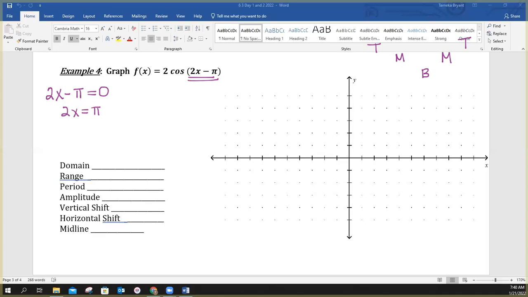And then I'm dividing by 2. So x is positive pi over 2. So that tells me that I'm going to start it at positive pi over 2, which is 90 degrees. So that's where I'm going to start my wave. So it's going to go to the right. So instead of starting at 0, I'm going to the right pi over 2.